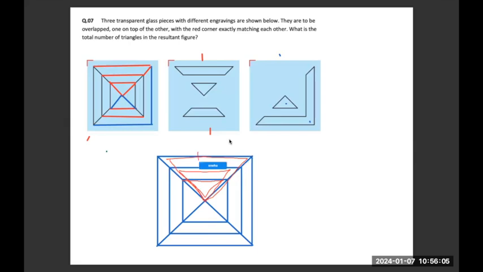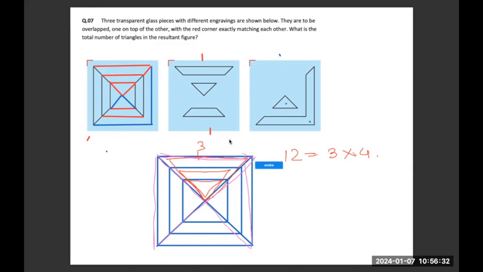Likewise, there will be 3 triangles happening like this, and likewise 3 triangles on all the 4 sides. So 12 triangles total. After this, I will use a combination of the outer triangles. So 1 triangle here, 2 triangles, second here.